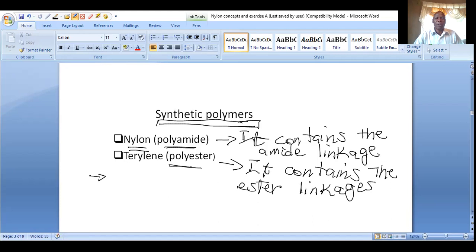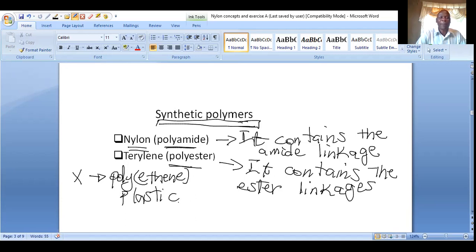We can include, though this is an addition polymerization, polyethylene. Polyethylene, which is a typical plastic, is also a synthetic polymer. But for today, we are not looking at addition polymerization.